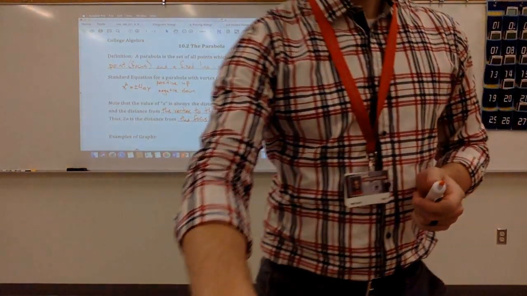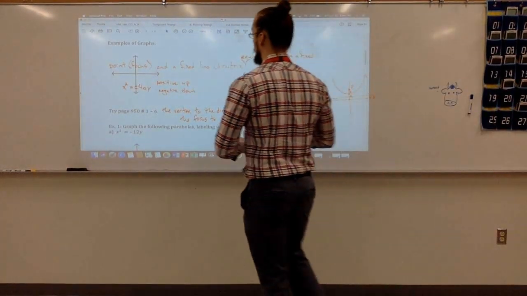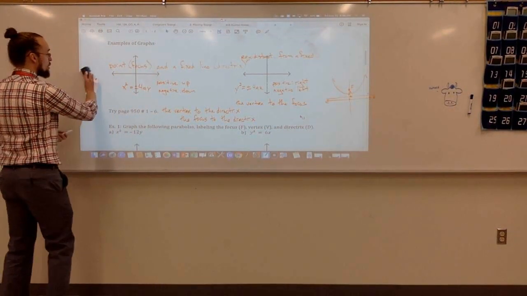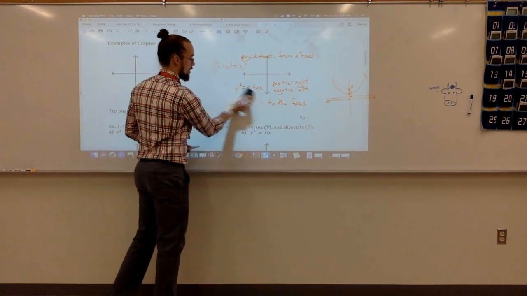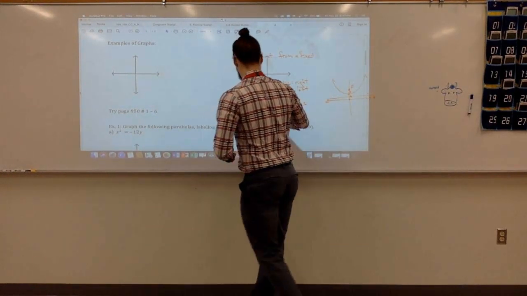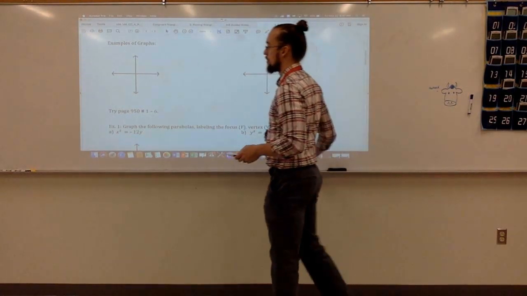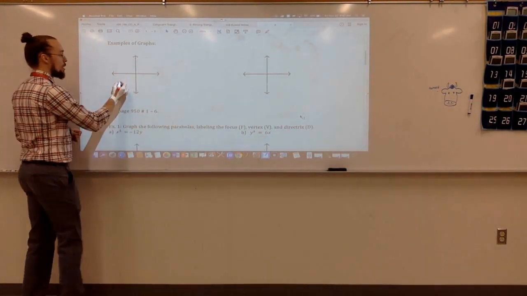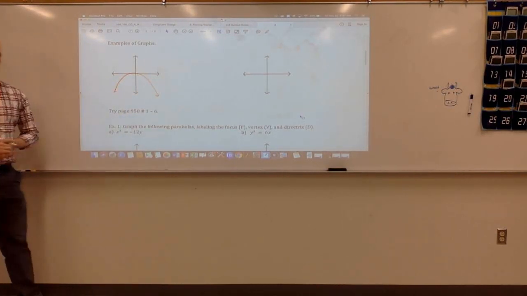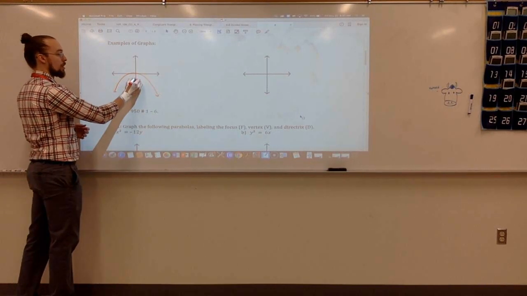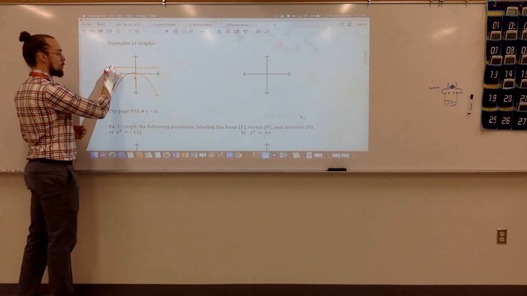So the examples of graphs here, like I said, are that our parabolas could open up, down, left, or right. We could have a parabola opening down over here, and if we want to draw in our focus and directrix, we can do that.